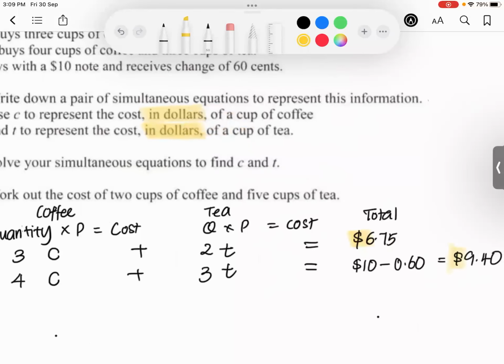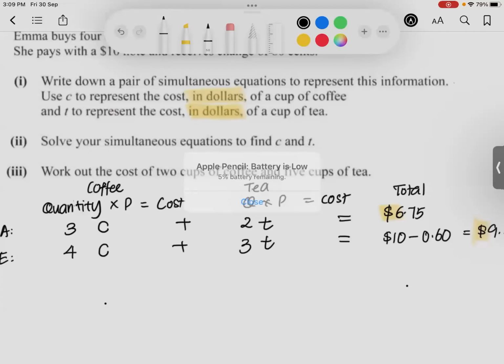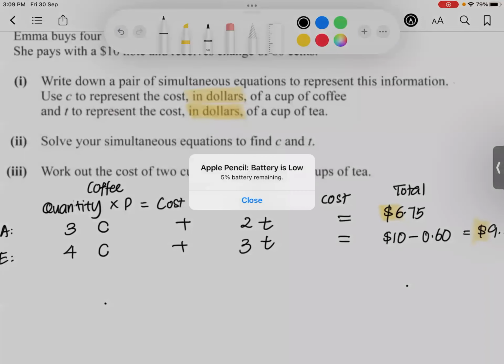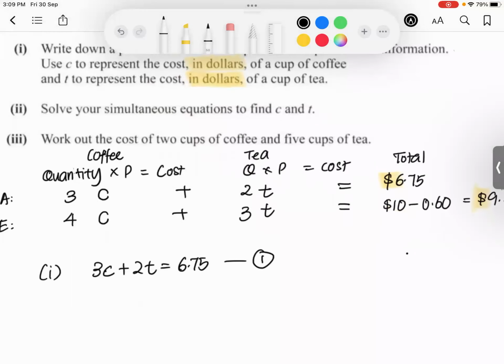So this is the correct units. Then I can simplify, write down the pair of equations. The first equation: 3C plus 2T equals to 6.75. Equation 1. Equation number 2: 4C plus 3T equals to 9.40.